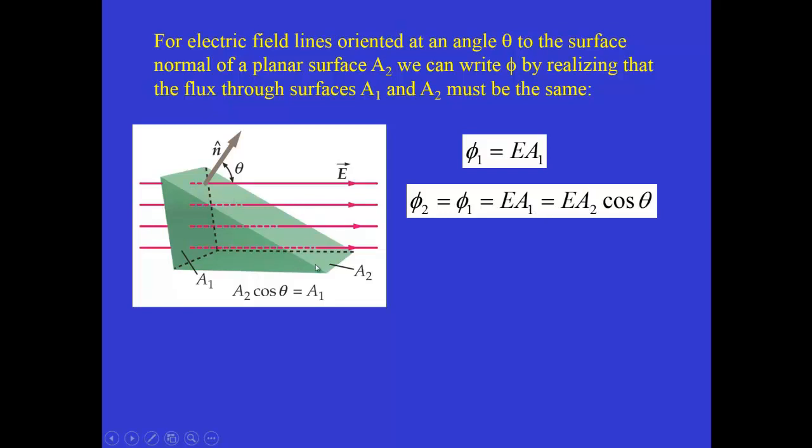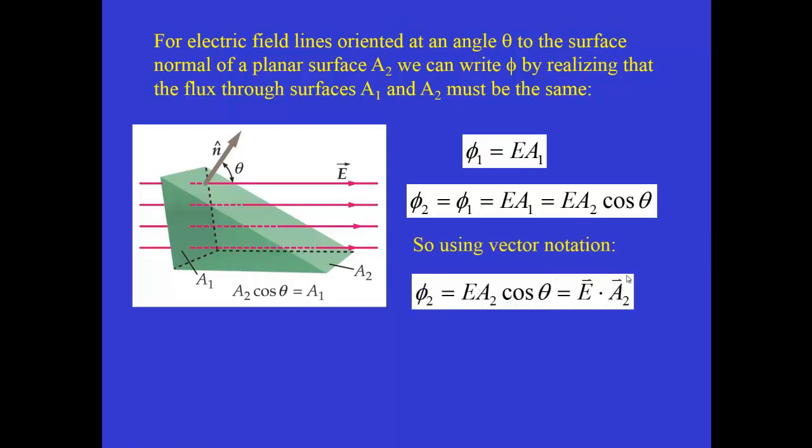A2 is a larger area, right, because that wedge has a longer surface, but if you take A2 and multiply by cos theta, you just get back A1. And so here the general case for flux is that it's the electric field magnitude times the surface area times the cosine of this angle defined in this way.